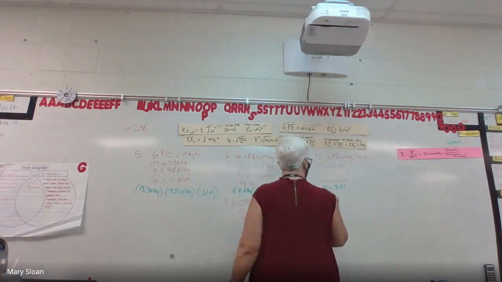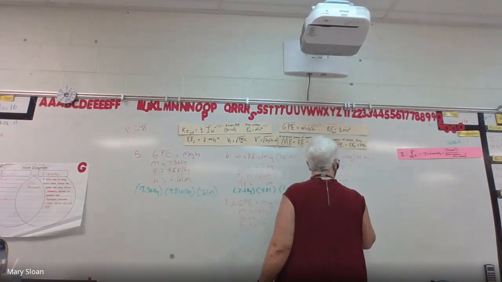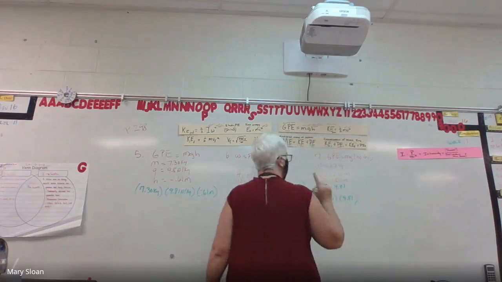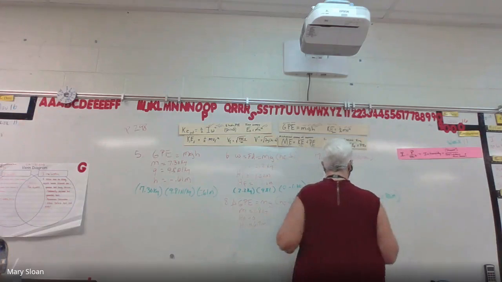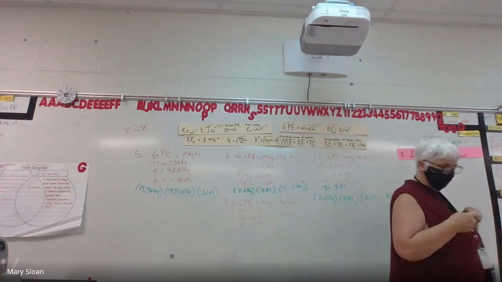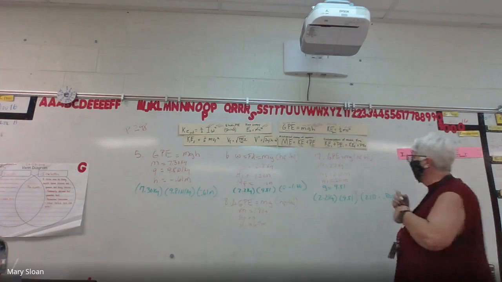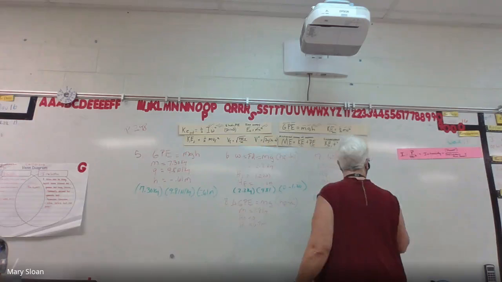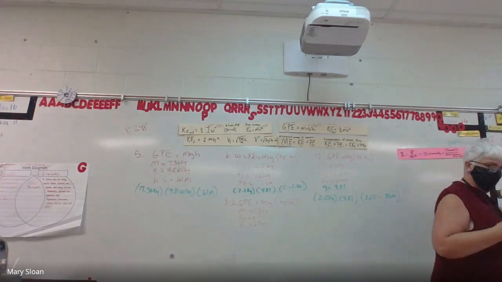So we're going to take 2.2 kilograms, times 9.81, times 2.10 minus 0.80 meters. Let's see what you get. Sorry, I keep forgetting the points: 2.10 minus 0.80.